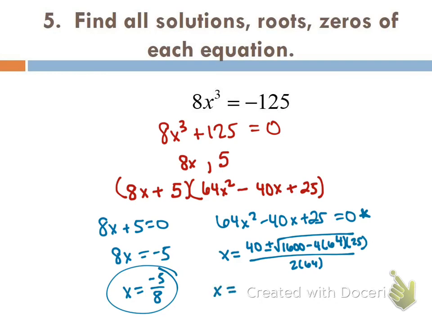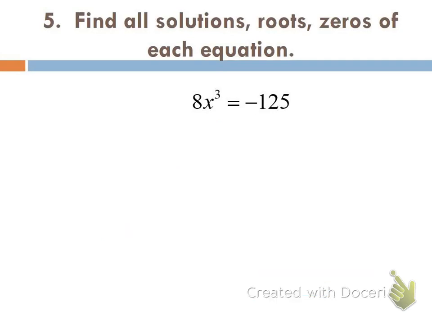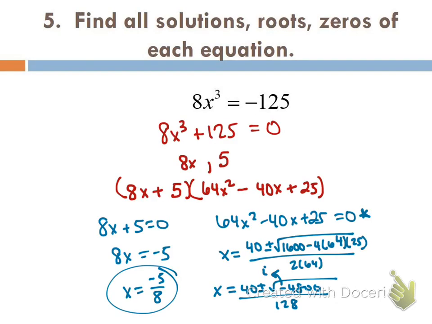So x is equal to 40 plus or minus the square root of negative 4800 all over 128. I can shoot out an i. And 4800 splits into 1600 times 3. 1600 is a perfect square. It's 40 times 40.